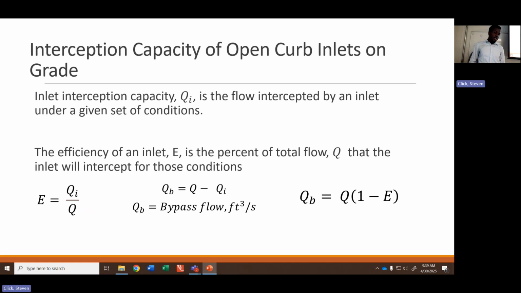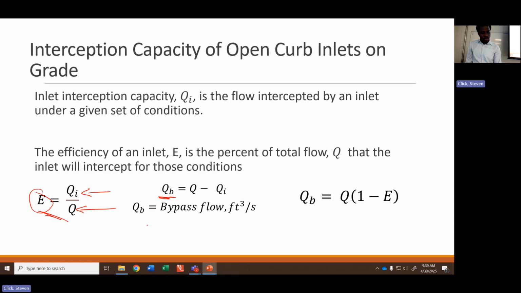So we'll go to the question of the efficiency. So we have various ways of calculating our efficiency. You can calculate it based on the intercepted flow, the ratio of the intercepted flow of the inlets to the total flow that's coming. That will give you an idea of the inlet's efficiency. And also want to know the bypass flow, which helps you to calculate the spacing.